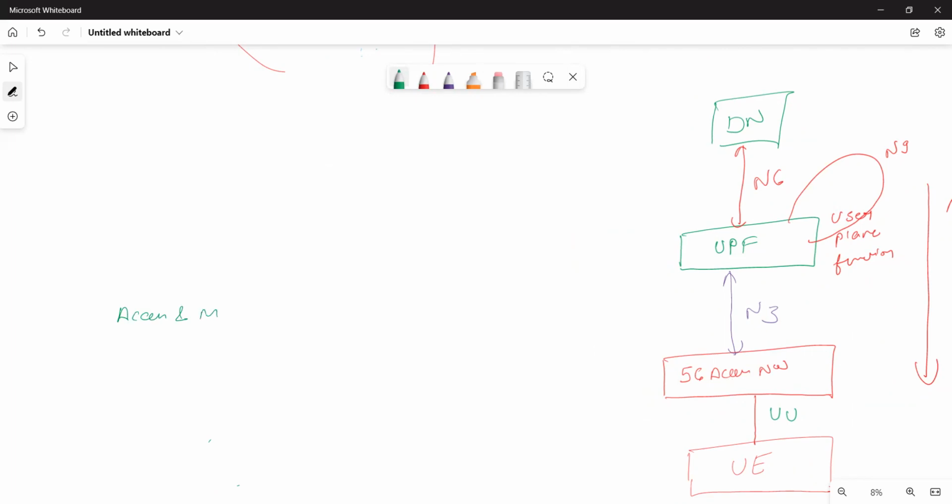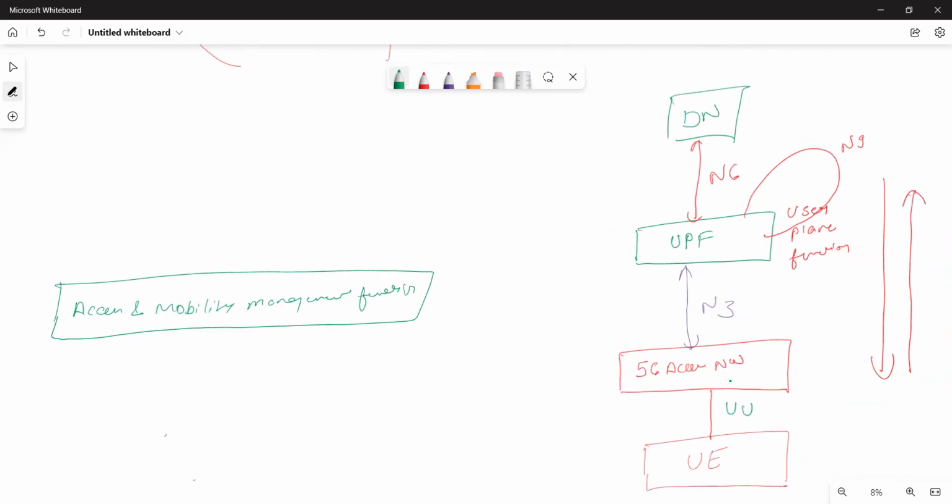Access and mobility management function. And then we have one more here, that is your SMF, session management function, right?